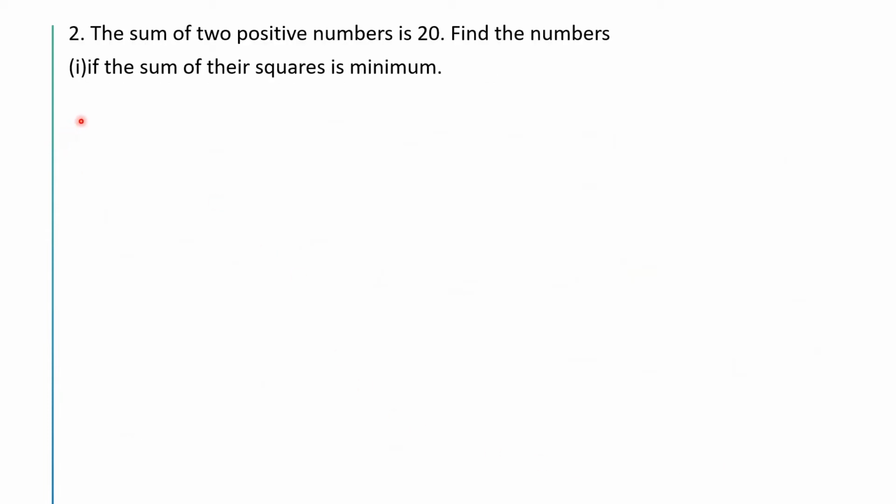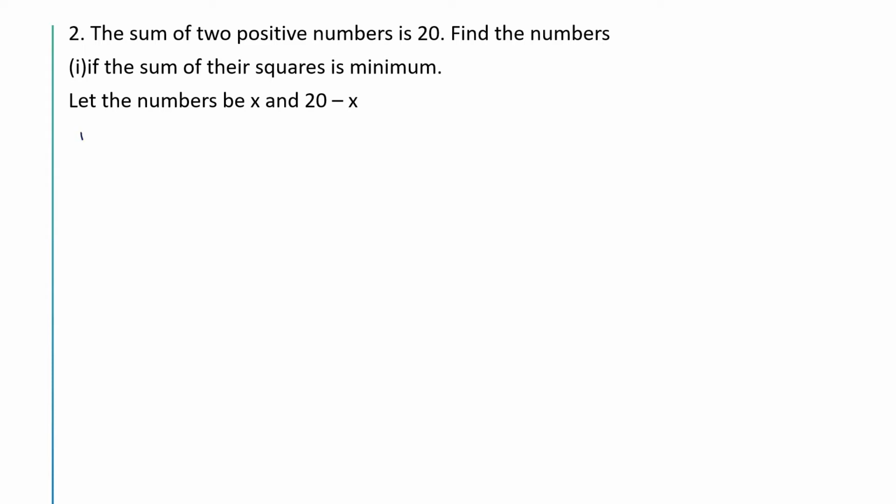The next question: the sum of two positive numbers is 20. Find the numbers if the sum of their squares is minimum. So we have to find the two numbers whose sum is 20 and whose sum of squares is minimum. So let the numbers be x and 20 minus x.